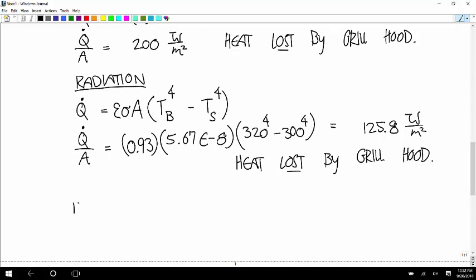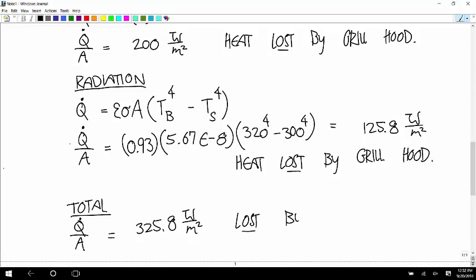And so the total Q dot over A is 325.8 watts per meter squared lost by the grill hood.